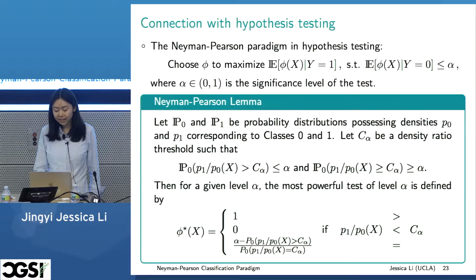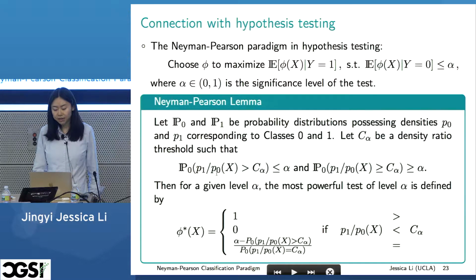Basically, it says that if you really want to have the most powerful test, then your decision should be based on the ratio of your likelihood under the alternative hypothesis over the likelihood under the null hypothesis. In this lemma, Neyman and Pearson proved that this test is the most powerful.